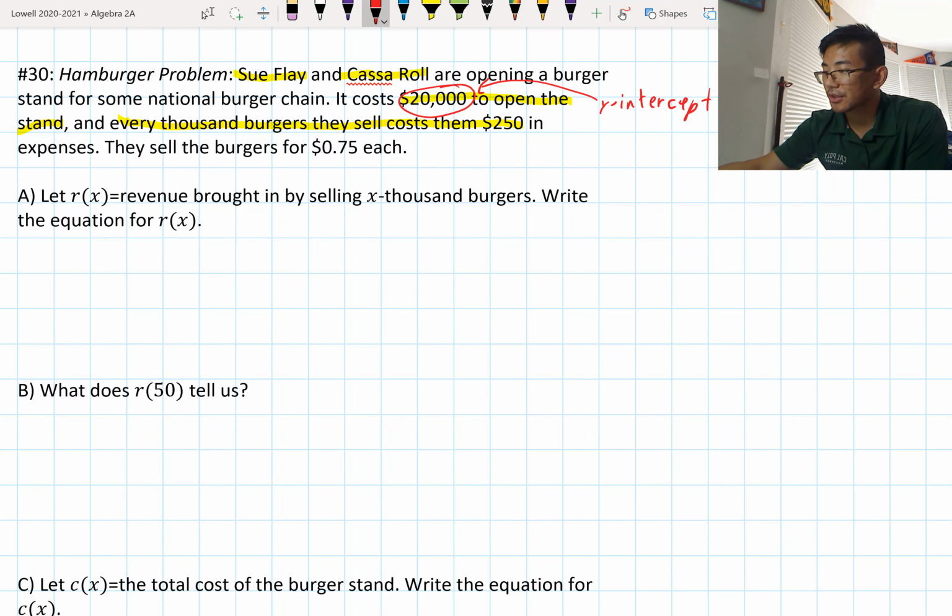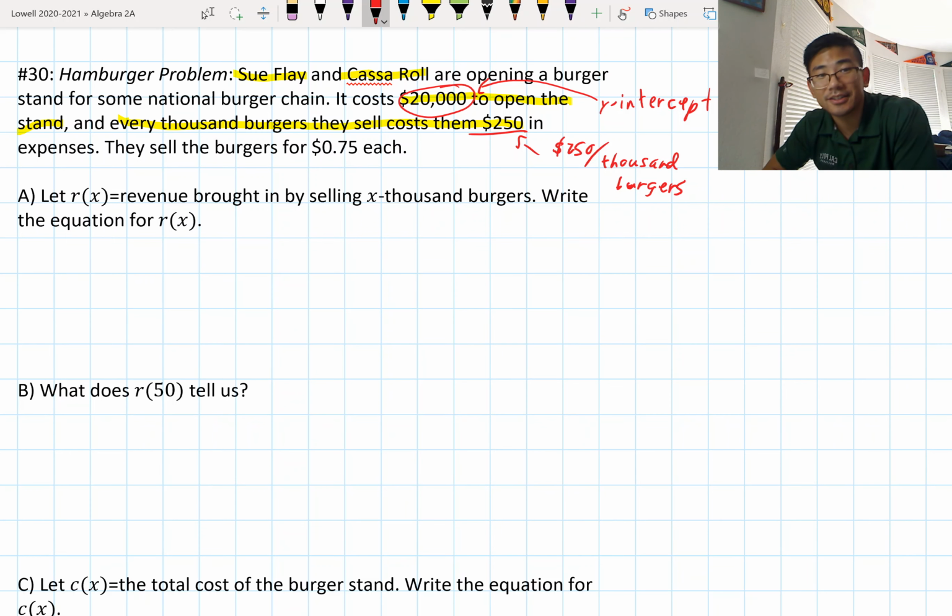But what does change is how much money they're going to have to spend making these burgers. And so this $250 per 1,000 burgers, you can definitely assume that that's going to be important.